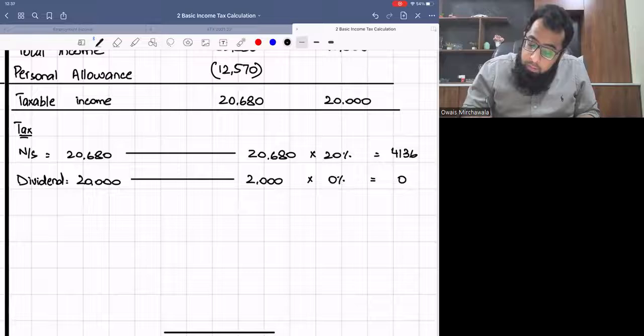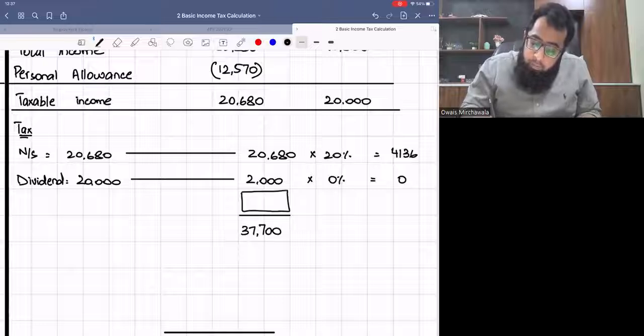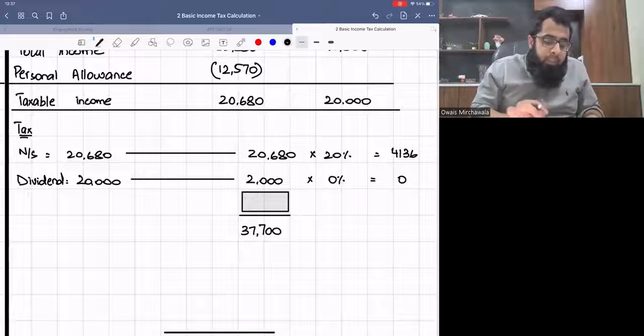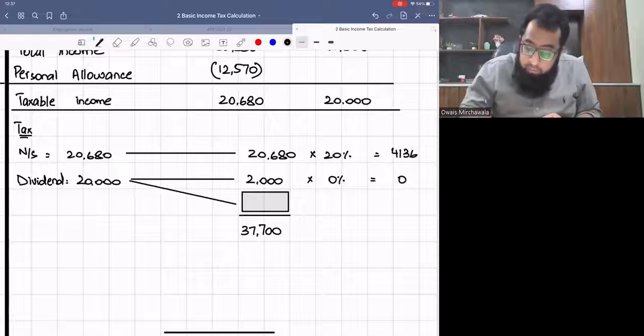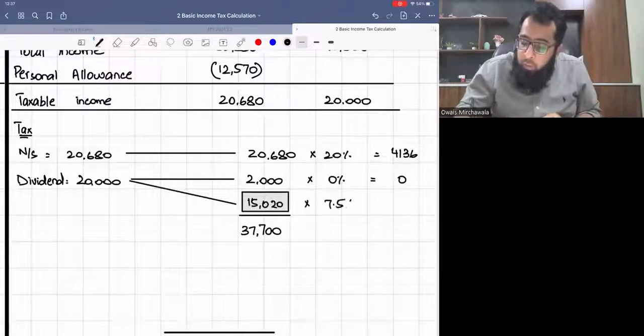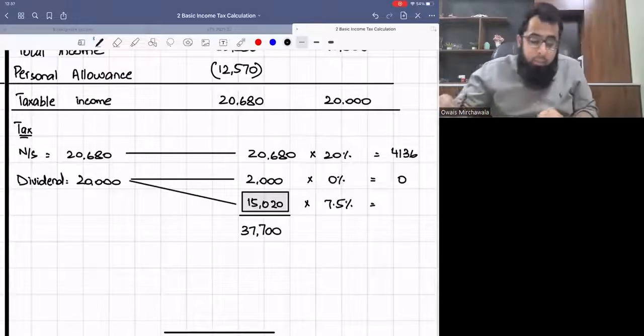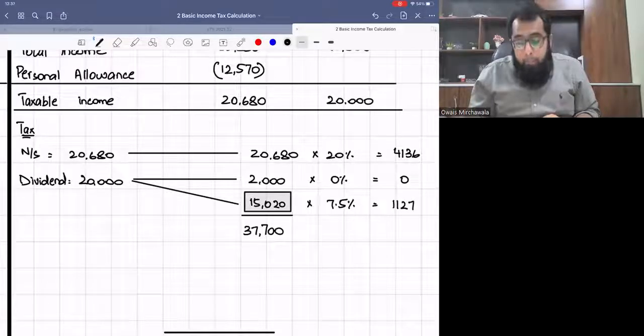Okay. Now, let's look at the basic rate band, how much amount is remaining. Okay. How much is remaining? 20,680 plus 2,000 minus 37,700. So 15,020 goes in basic rate band. It will be taxed at 7.5%, 1127.